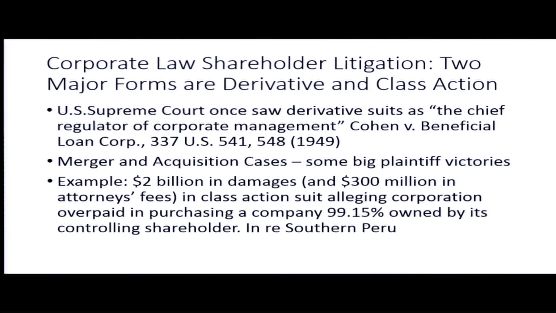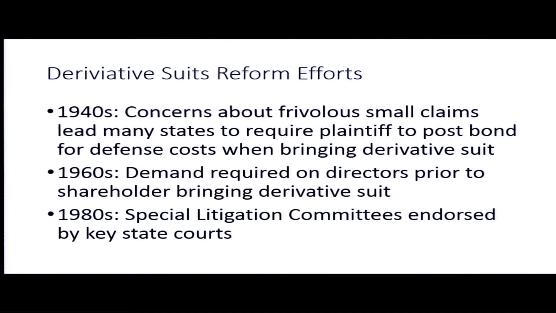And again, the concern there is while there were benefits, so I cited one important recent Delaware case in the mergers area where the plaintiff succeeded in obtaining a $2 billion judgment on behalf of the class. But then there were also significant costs that were incurred, which again led to efforts to reform the system.